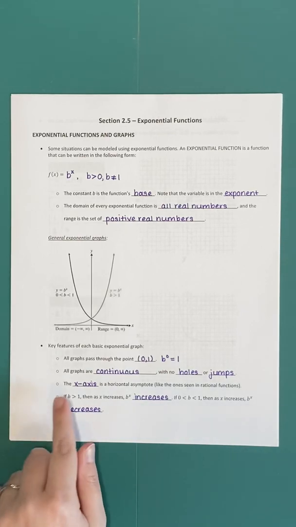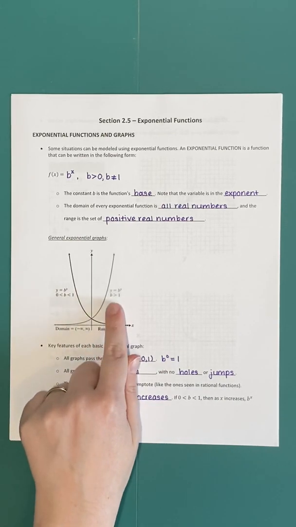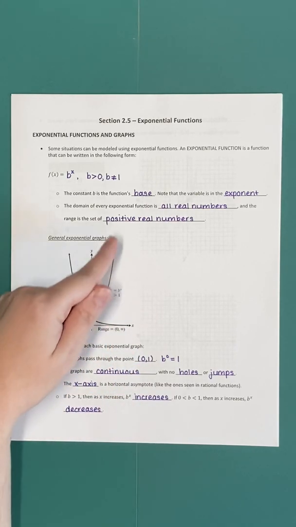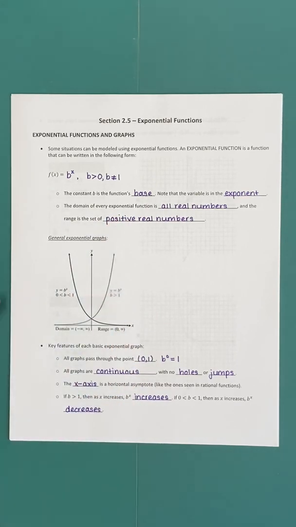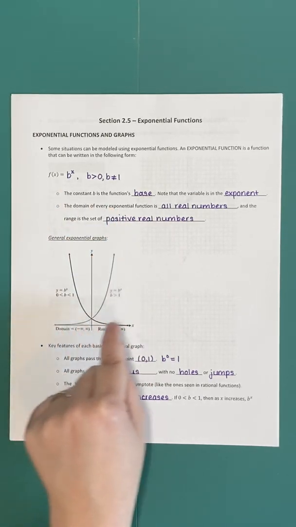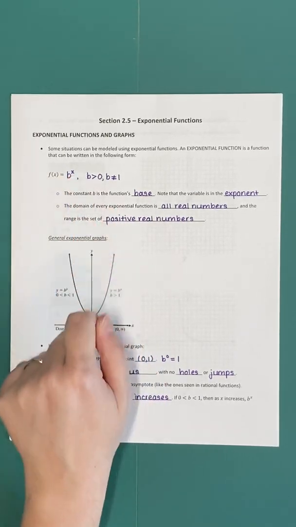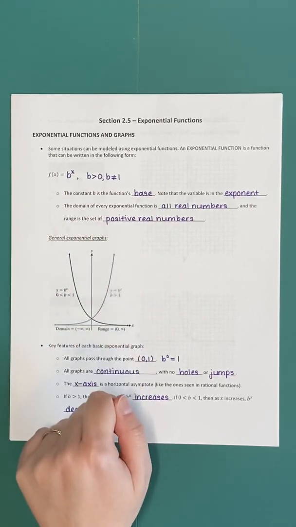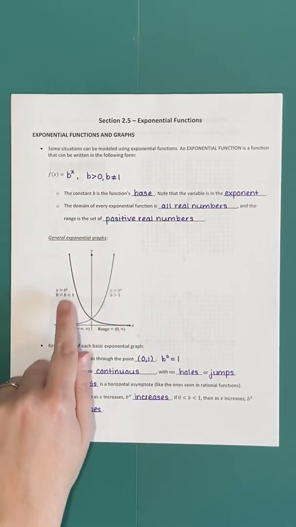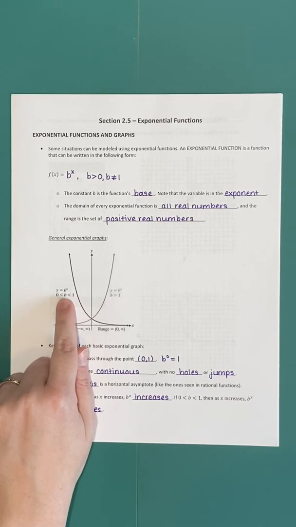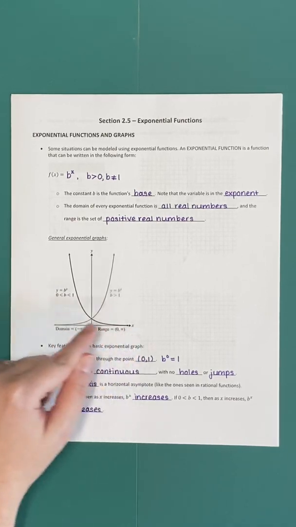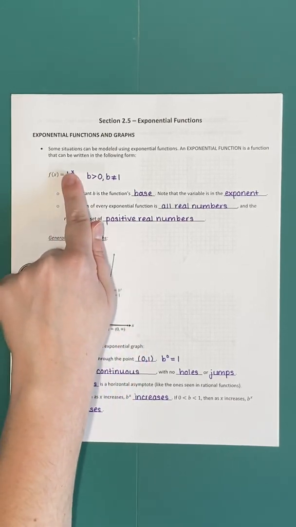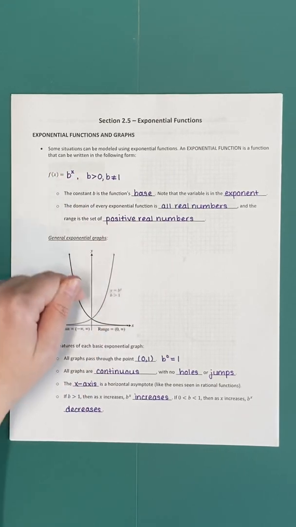And again, as we already discussed, if our base is greater than 1, then increasing the exponent increases the outputs. So we're sloped upward left to right as the x values get bigger. In other words, the exponents get bigger, the outputs get bigger. But if our base is between 0 and 1, then as the exponents get bigger, the outputs decrease.